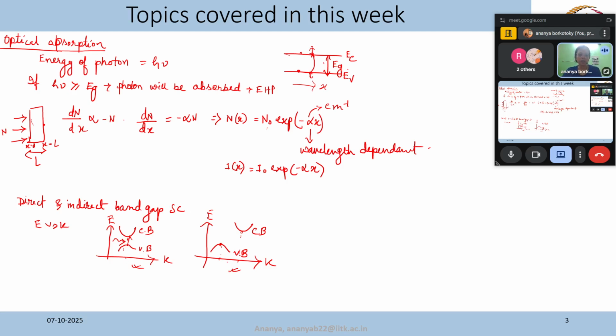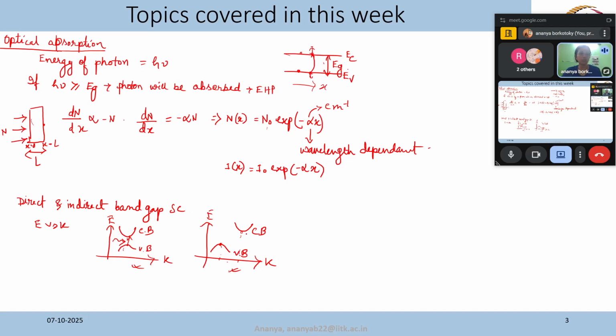Here there is no change in K, that means there is no change in momentum. K is related to momentum, remember. But in the indirect case there is a change in energy as well as a change in momentum. There is a change in K. This change in momentum cannot be conserved using only a photon.